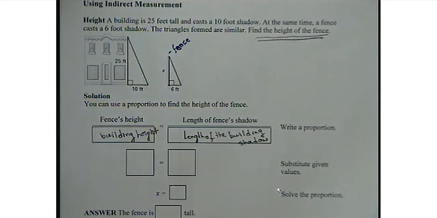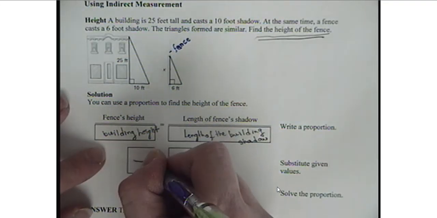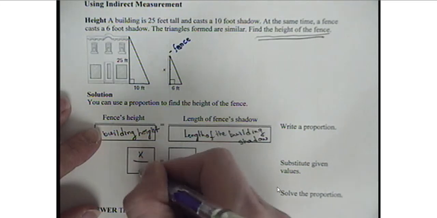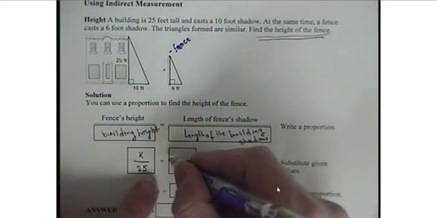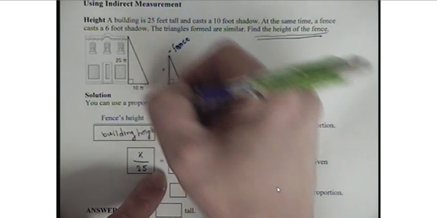Alright, so if I go from here to here, my equation will be, starting with this smaller amount, x through the larger 25 is equal to, and again we start with the smaller, through the larger, which is 10 feet.